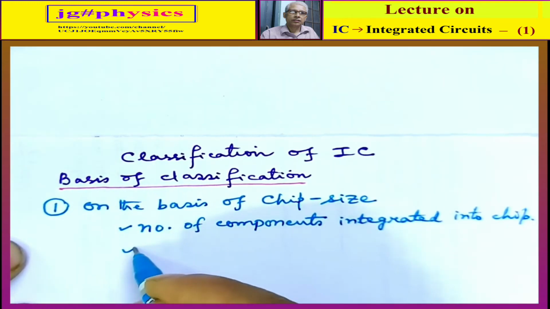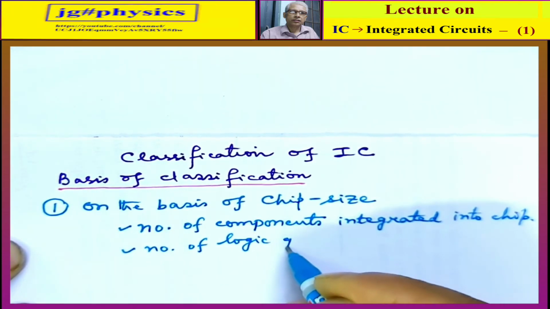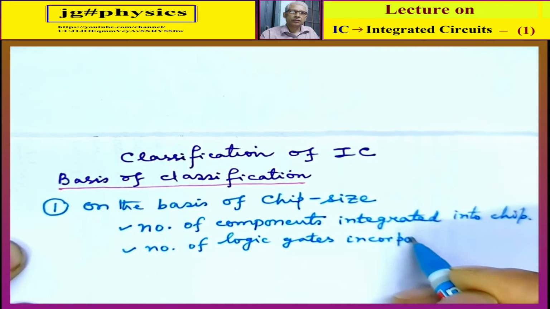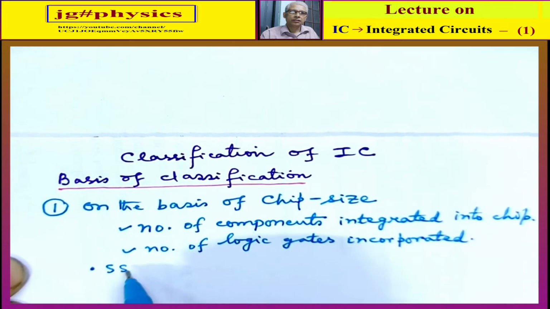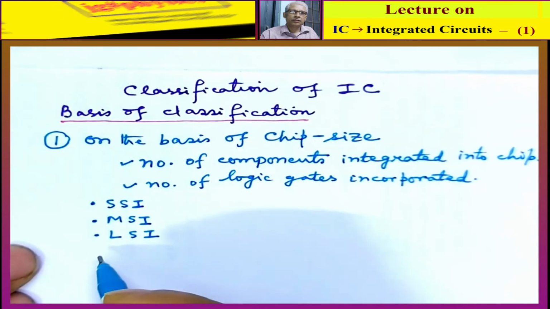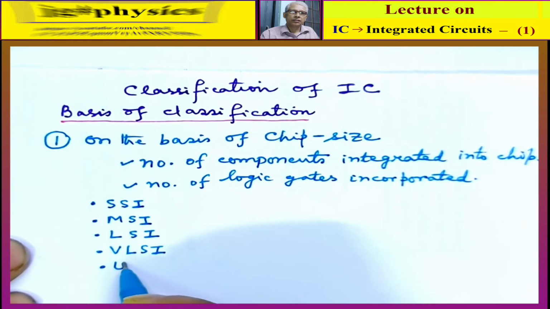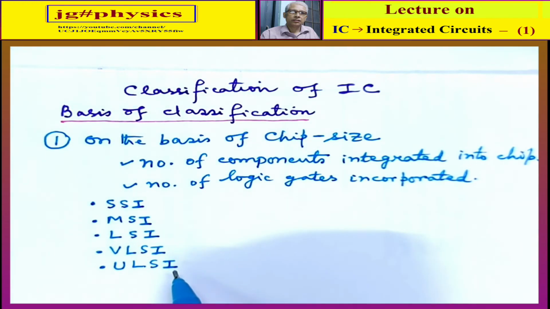Number of logic gates incorporated into the chip. Accordingly, we shall come across terms like SSI, which is small scale integration, MSI, which is medium scale integration, LSI, which is large scale integration, VLSI, which is very large scale integration, and also ULSI, which is ultra large scale integration.